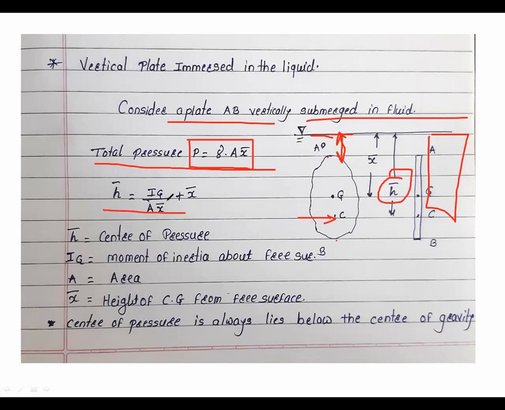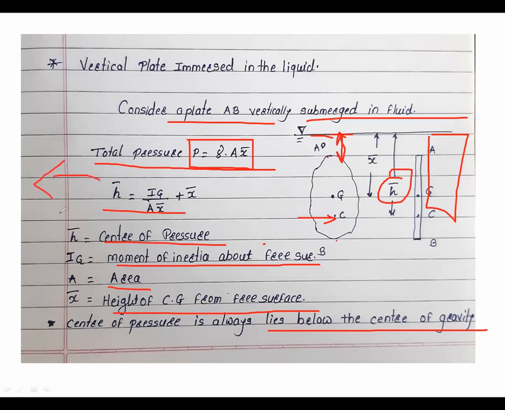So H bar equals Ig upon A x bar plus X bar. That is the center of pressure: moment of inertia about the free surface, area, height of the CG from the free surface. The center of pressure always lies below the center of gravity.